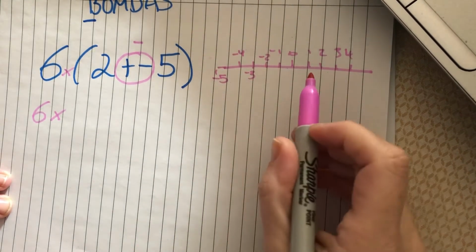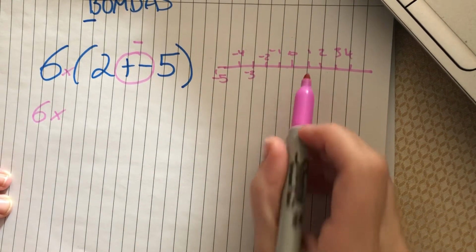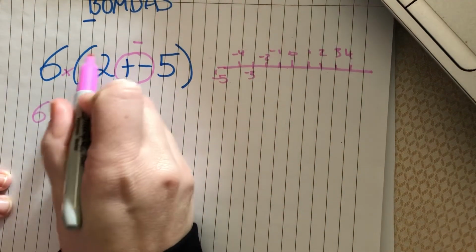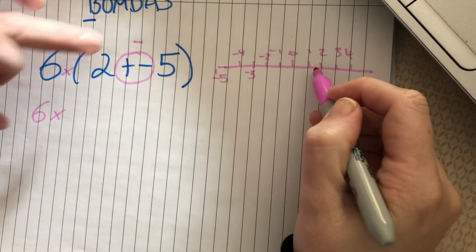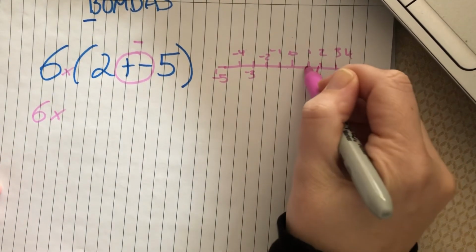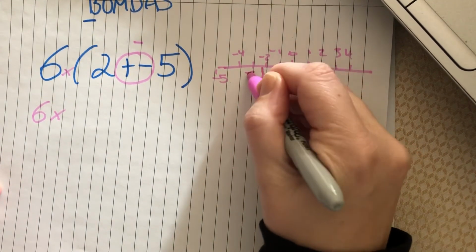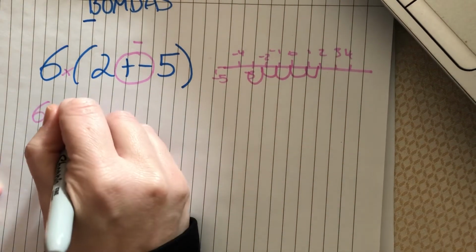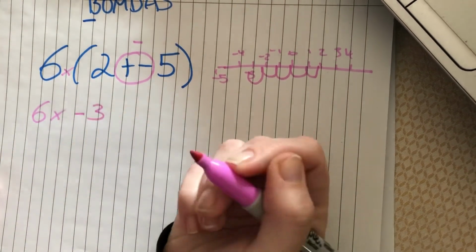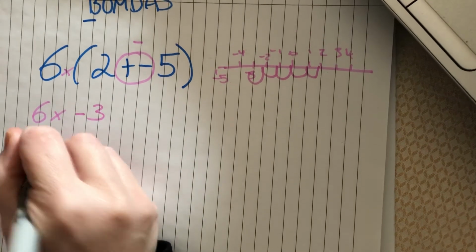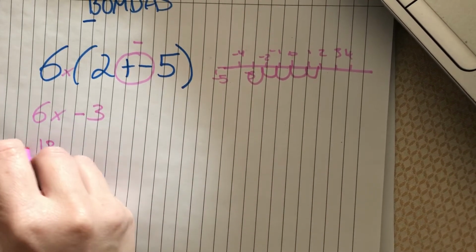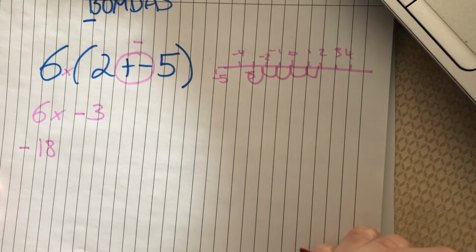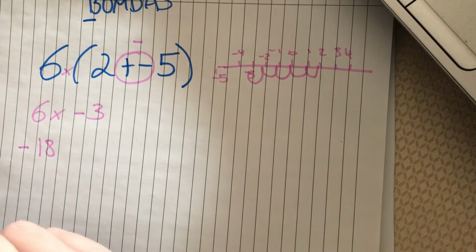We're starting off at 2 because it's a +2. Remember, if there's no symbol there, that means it's +2. And now we're going -5: 1, 2, 3, 4, 5, which means we're doing 6 multiplied by -3. 6 3s are 18. But because we've got a positive and a negative, that becomes a negative, which means our answer is -18.